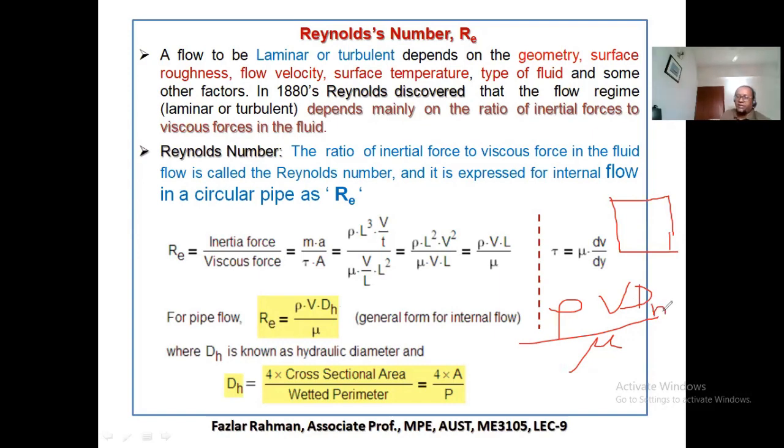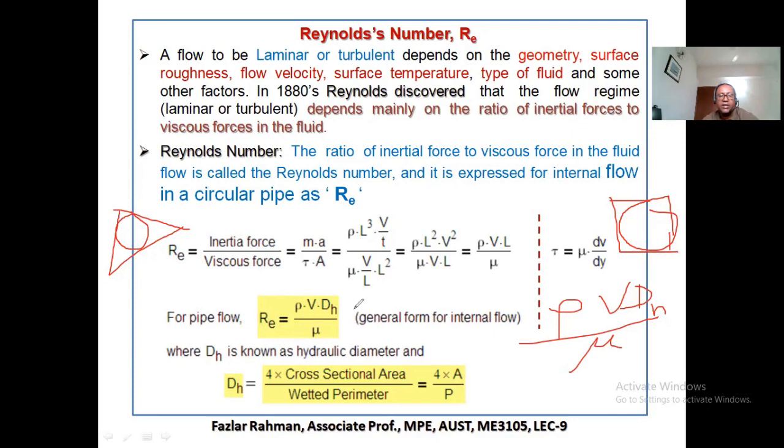You can figure out the hydraulic diameter for a rectangular cross section. For example, if you have a triangular cross-section pipe, you figure out an equivalent diameter, which is a kind of hydraulic diameter. Then you put it in this equation and you get the Reynolds number.